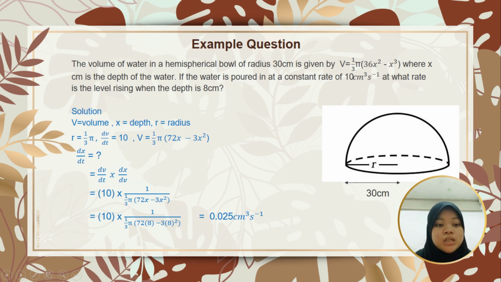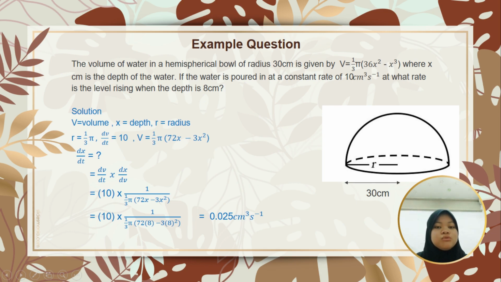In order to find dx over dt, you would need to use the equation dV over dt times dx over dV. Since x is 8, as mentioned in the question, where x equals depth, and the question wants to know at what rate the level is rising when the depth is 8 centimeters, dx over dV becomes 1 over dV over dx.